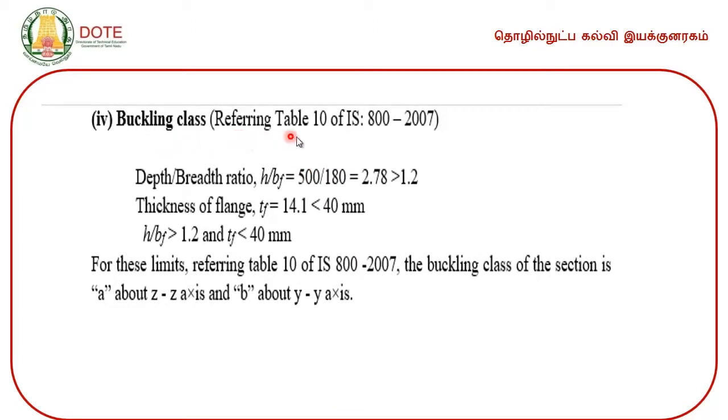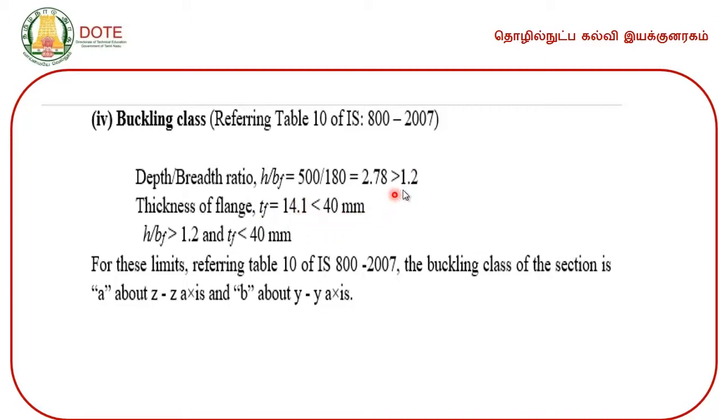For that we have to refer to Table 10 of IS 800:2007, and the parameter we have to find here is the depth to breadth ratio. h by bf is found to be 2.78, which is greater than 1.2, and this 1.2 value is prescribed in the IS code, and the thickness of flange tf is equal to 14.1 mm, which is less than 40 mm.